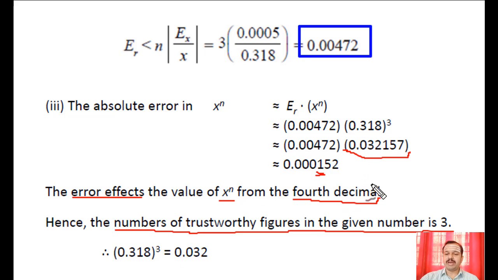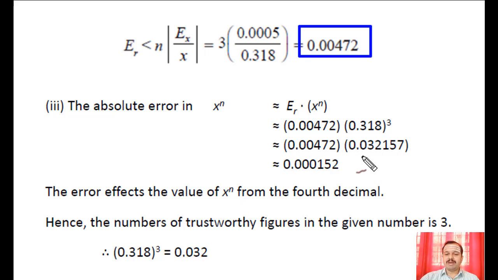We computed it using the calculator as 0.032157. Here in this number, only 3 decimal places will not be affected. Trustworthy figures is 3, that is 0.032. The fourth place onward will be affected, we will not consider them. We are considering only the trustworthy figures. Therefore 0.032 is the final answer for this question.